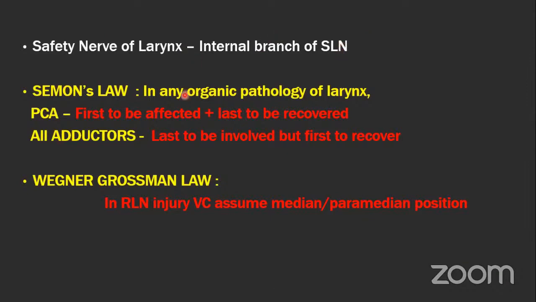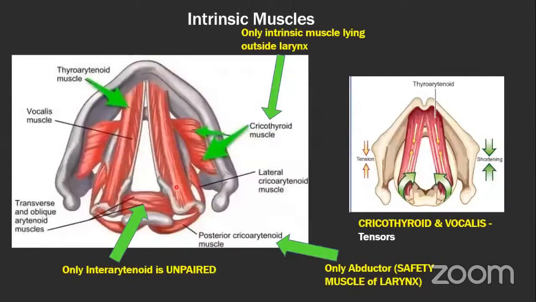And in this regard, you have to remember two laws: Semon's law and Wegner-Grossman law. What are they? Semon's law is that in any organic pathology of larynx, the posterior cricoarytenoid is first to be affected and last to be recovered.